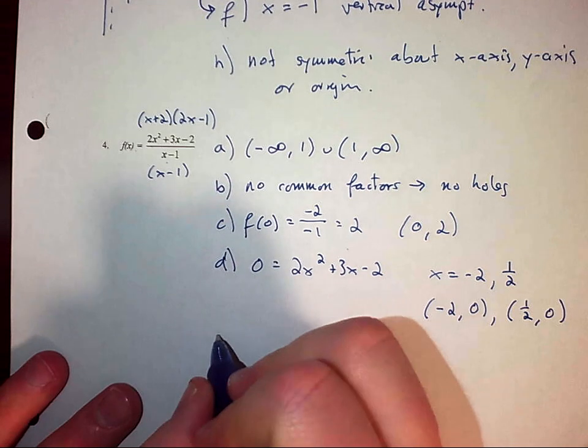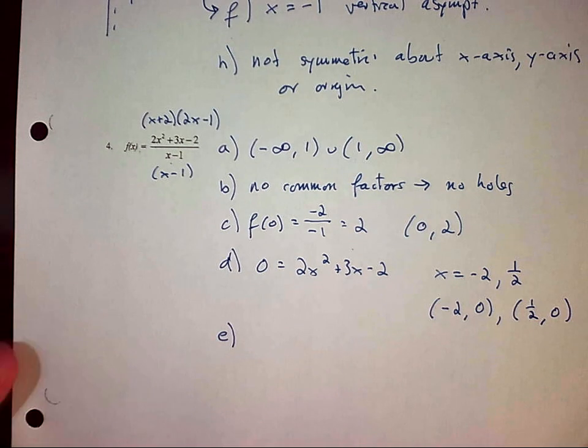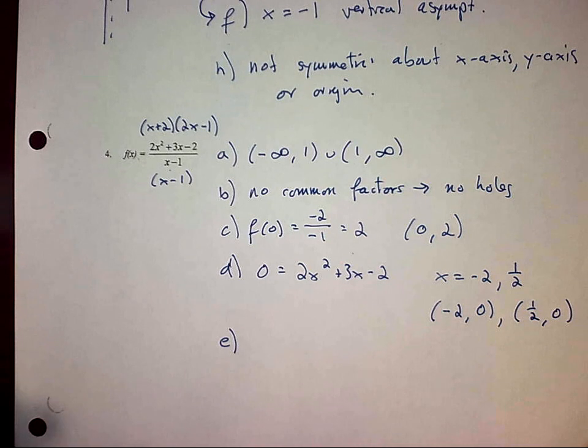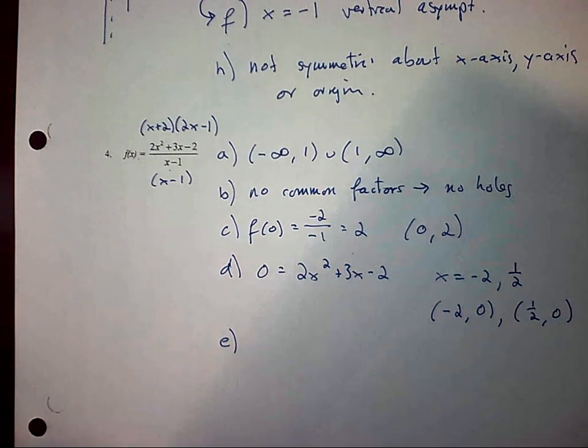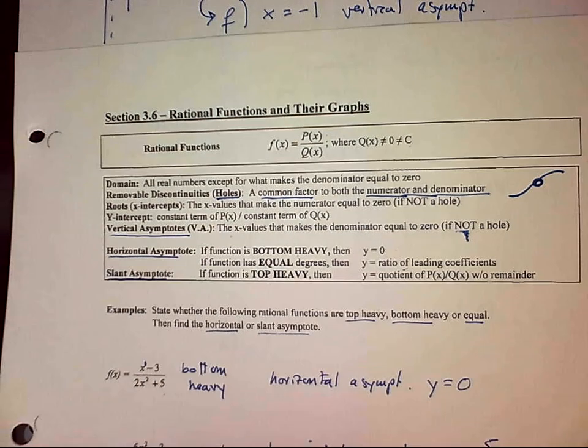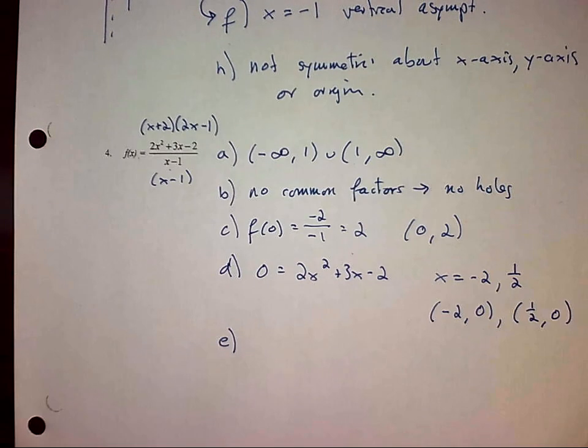Now is where we're getting to the point where I messed up before, so let me make sure that I'm saying it right this time. In E, we're going to find our vertical asymptotes. Now, for vertical asymptotes, we want to figure out what makes our denominator equal to 0, and it's not a hole.